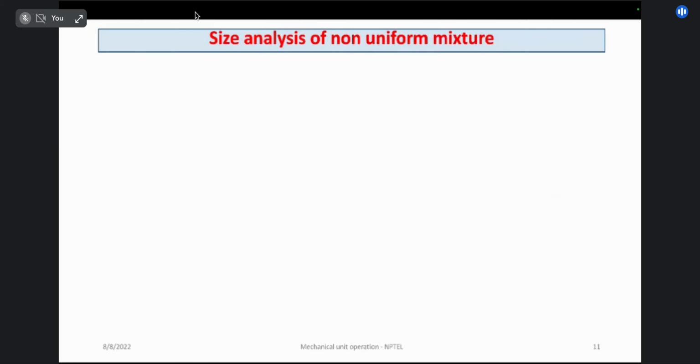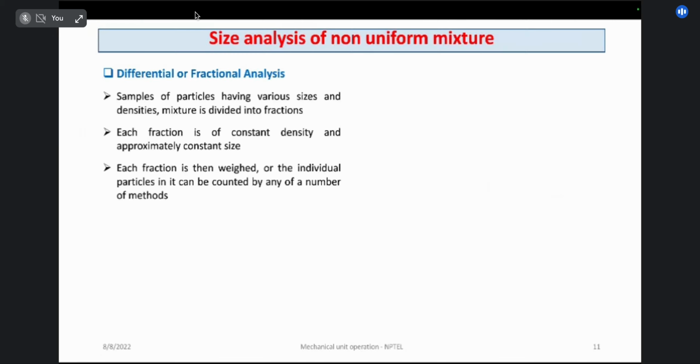We will see the difference. In the differential analysis, a sample of particles having various sizes and densities is divided into fractions, so that each fraction has a constant density and approximately constant size. Then we can consider it as a uniform mixture and do the calculation.